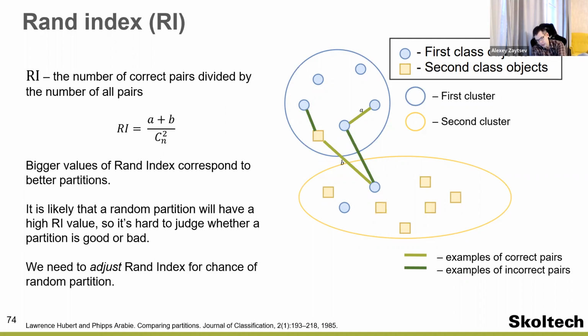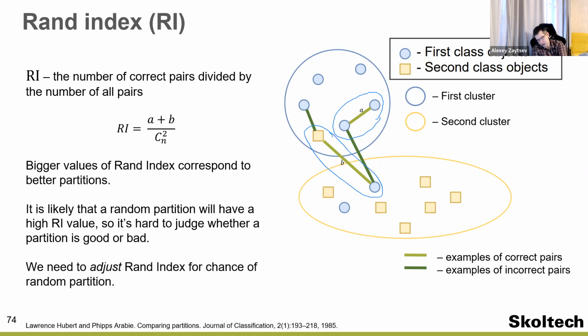And so we can look at some pair. And this is a correct pair because it belongs to one cluster, and also all objects from this pair belong to the same class. So it's in one cluster and in one class. If we have a similar situation, but these two different objects belong to different clusters and to different classes, it is also correct.